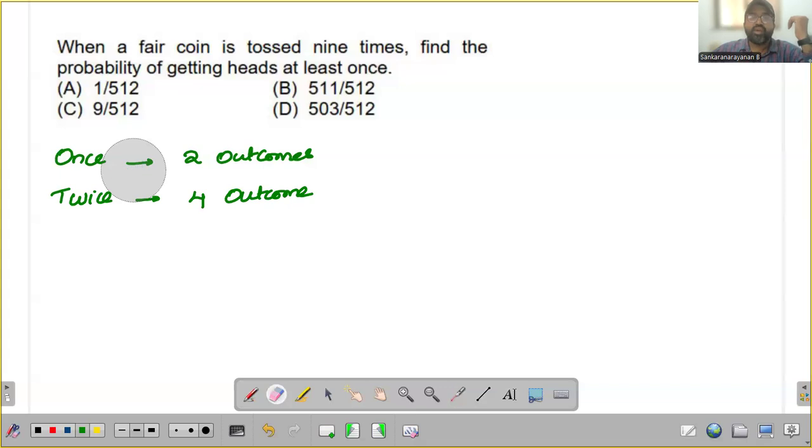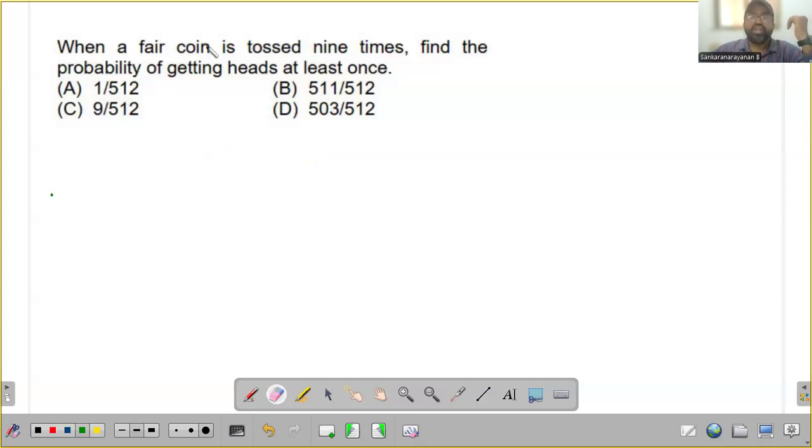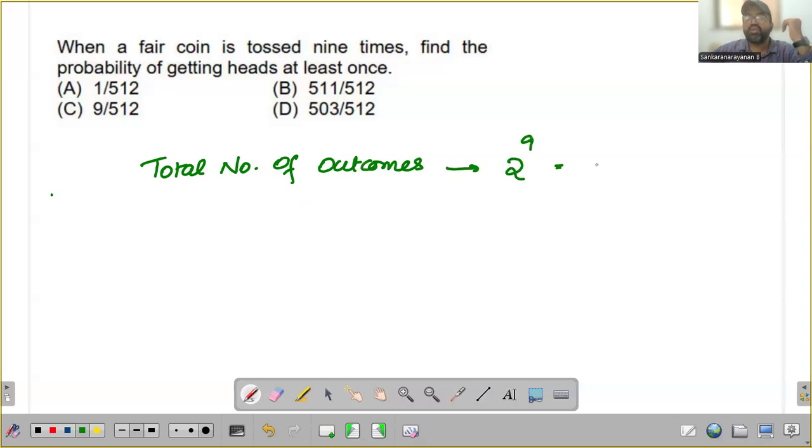So, likewise, when you are tossing a fair coin 9 times, you can see that the total number of outcomes will be equal to 2 power 9, which is equal to 512. So that's the total number of outcomes. You're tossing the coin 9 times, 512 outcomes are possible. Now, the question is, find the probability that you are going to get heads at least once.